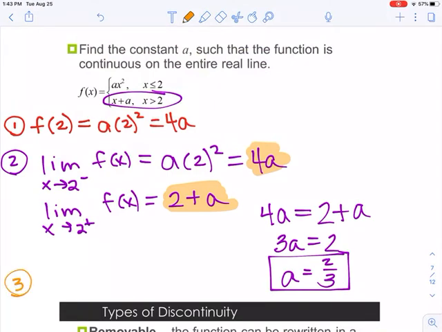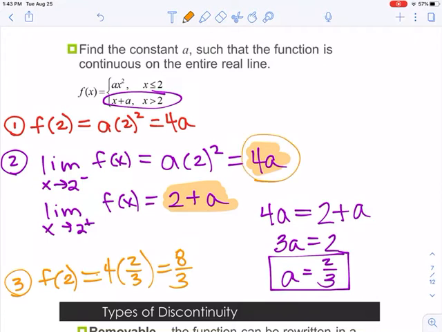Okay. So just to check our work, we need our function value and our limit to be the same. So if we plug a into our function value, we get 8/3. Okay?